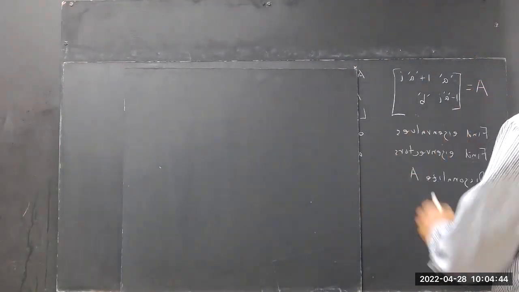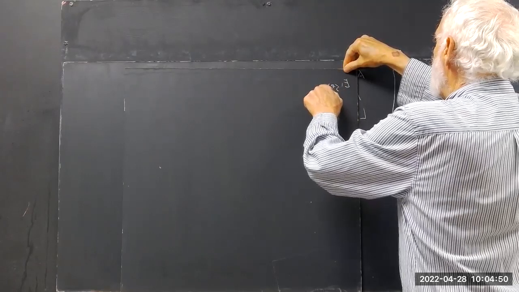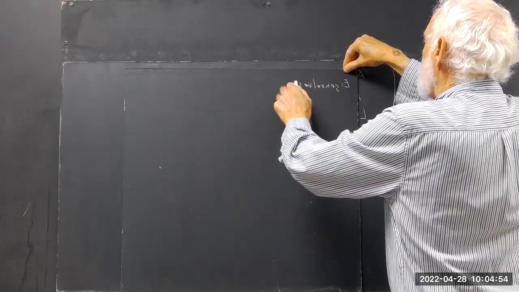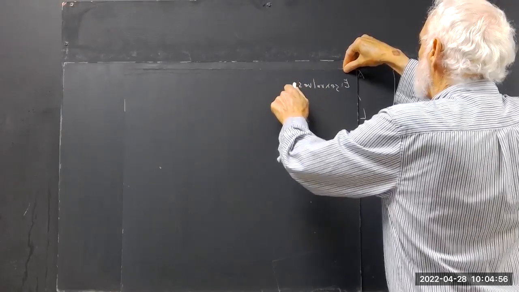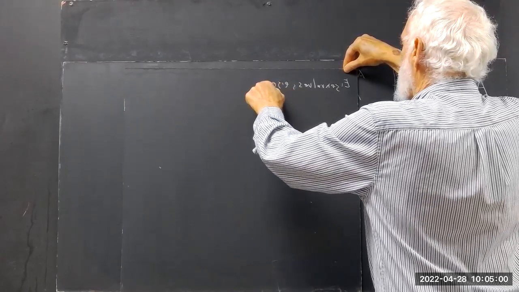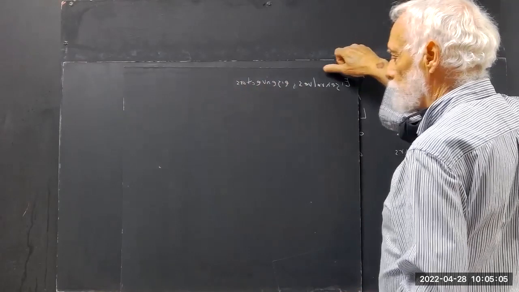We're trying to find the eigenvalues and eigenvectors. What's the basis for eigenvalues and eigenvectors?